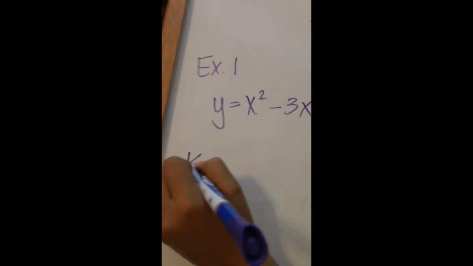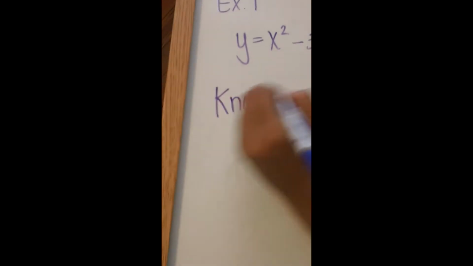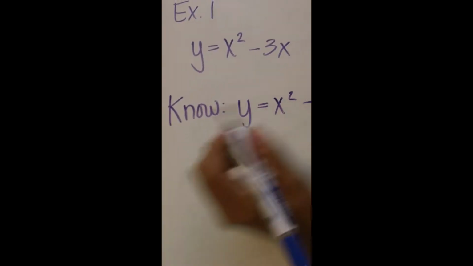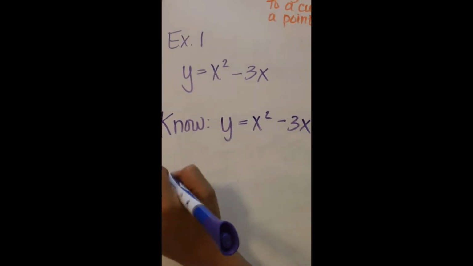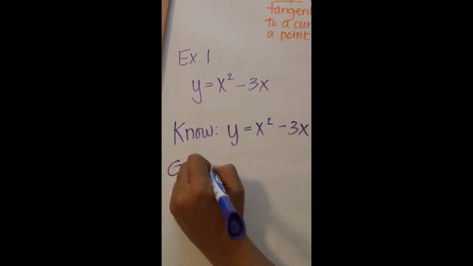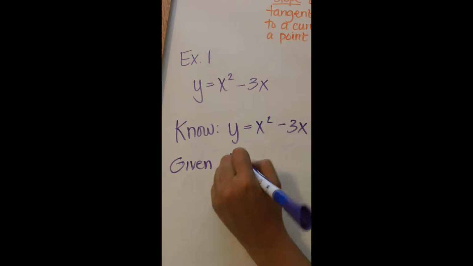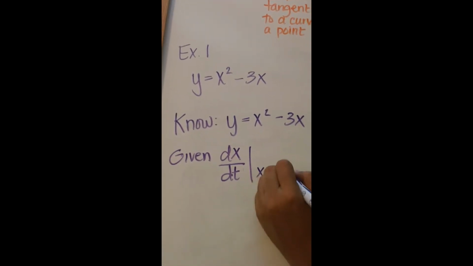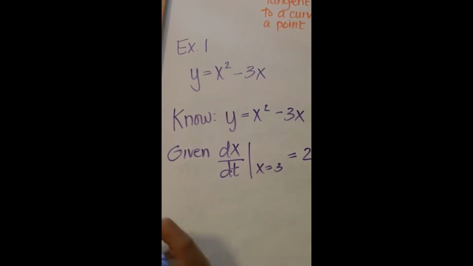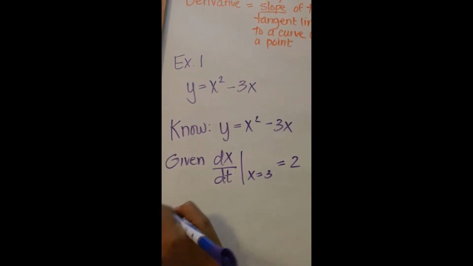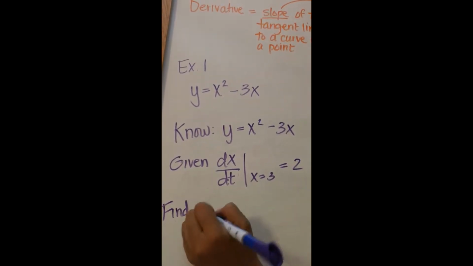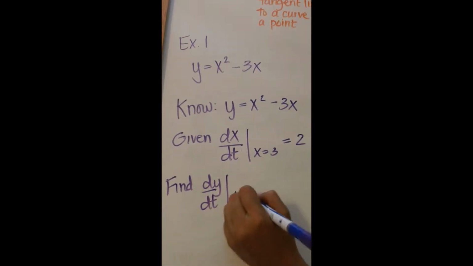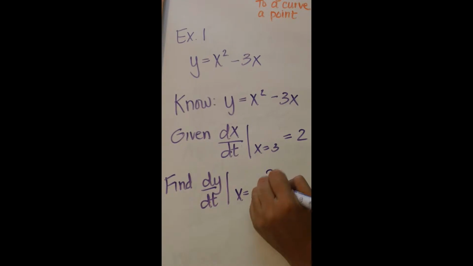So, what we do know is y equals x squared minus 3x. We're given dx/dt when x equals 3 to be 2, and we need to find dy/dt when x equals 3.